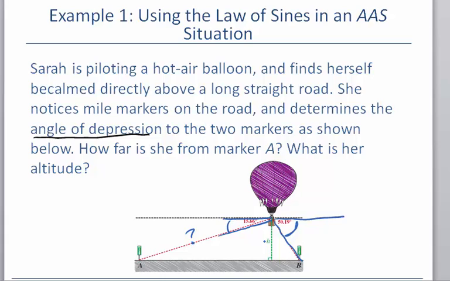Okay, so we're going to begin by taking this picture and doing a little bit of work with it. I'm going to erase my scratch work there, and let's talk about what we know. So, first of all, I want us to look at these angles that take us from one side to the other.